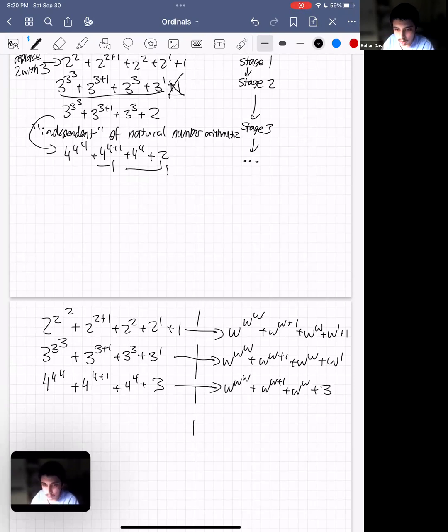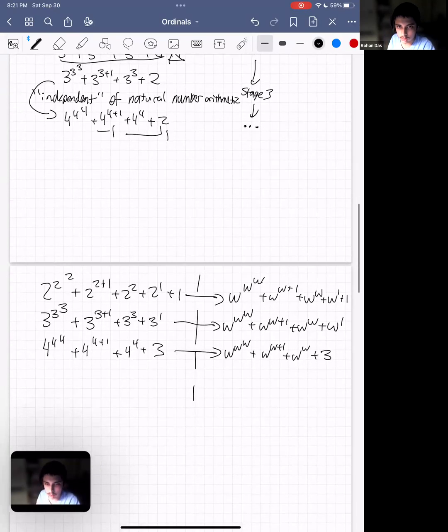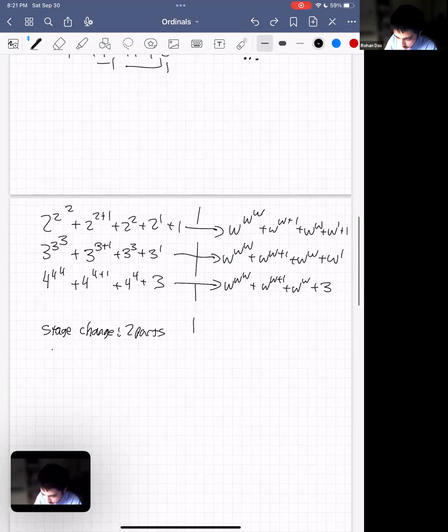And here, it seems a bit more clear that the elements on the right side are decreasing, because we can break down the shift between stages into 2 parts. So in the first one, we replace the base number, which is essentially replacing 2 with 3, 3 with 4, and so on. And in the second part, we subtract 1.